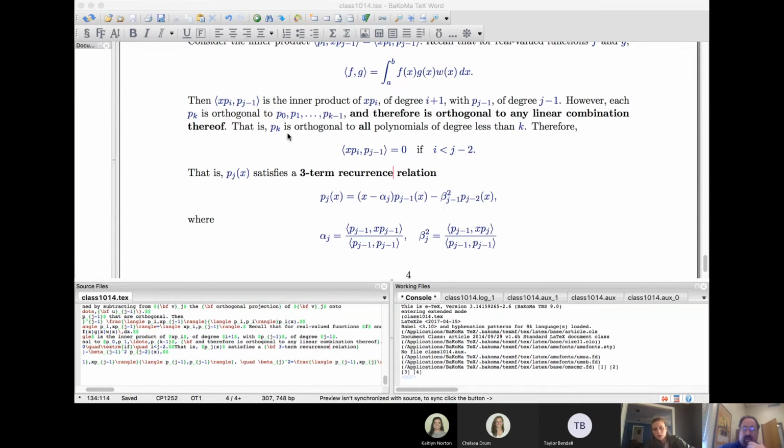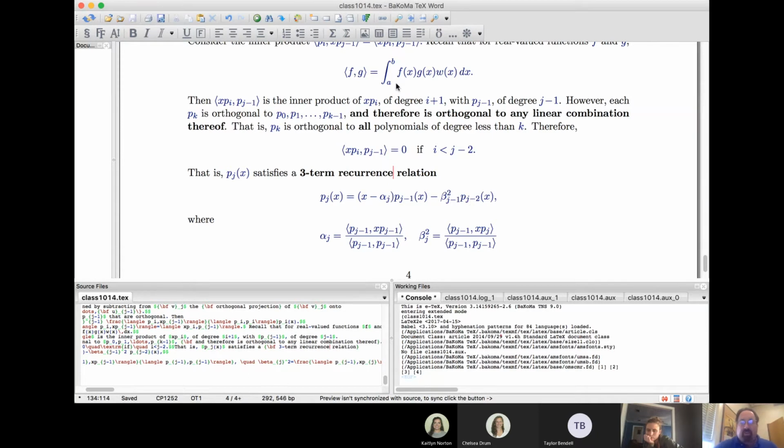A sequence of somethings where each something depends on the previous 2 somethings. Was it Chebyshev? Yes. Each Chebyshev polynomial depends on the previous 2.